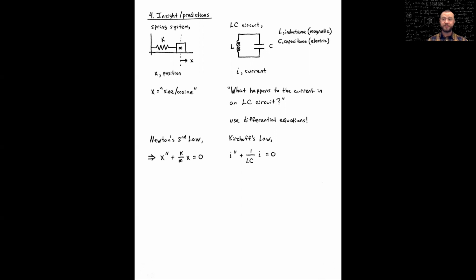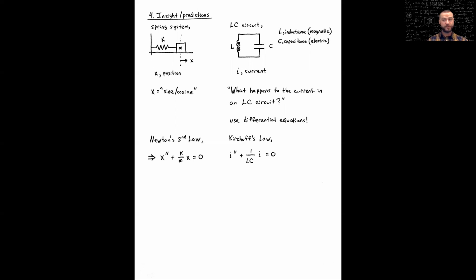For the other system, the LC circuit, you apply something called Kirchhoff's law. And again, beyond the scope of our course, you might have encountered that in your physics courses. If not, don't worry about it. If you follow both of those through, Newton's second law and Kirchhoff's law, you get these very similar looking differential equations.